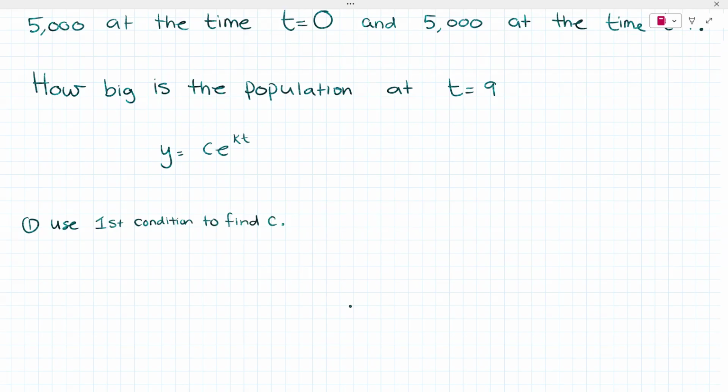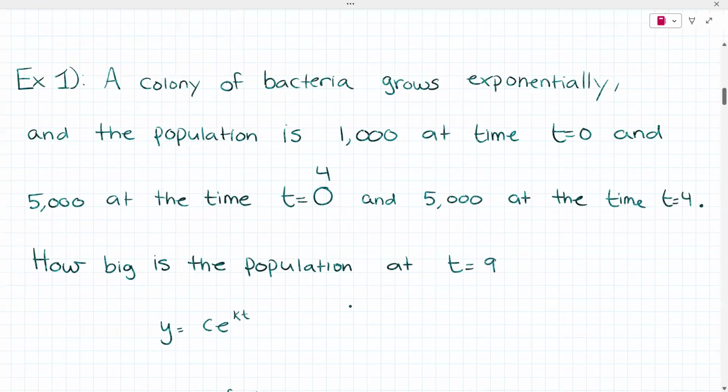Our initial condition is that at 0 it has a population of 1,000.